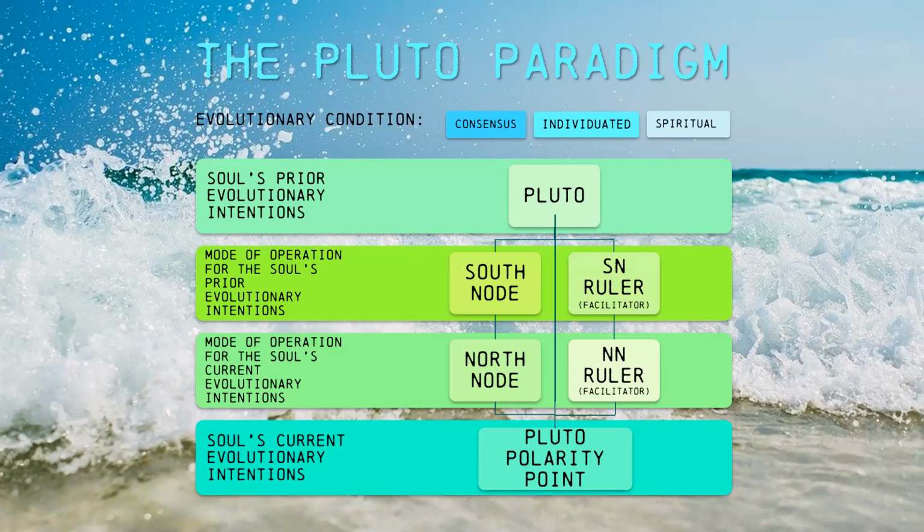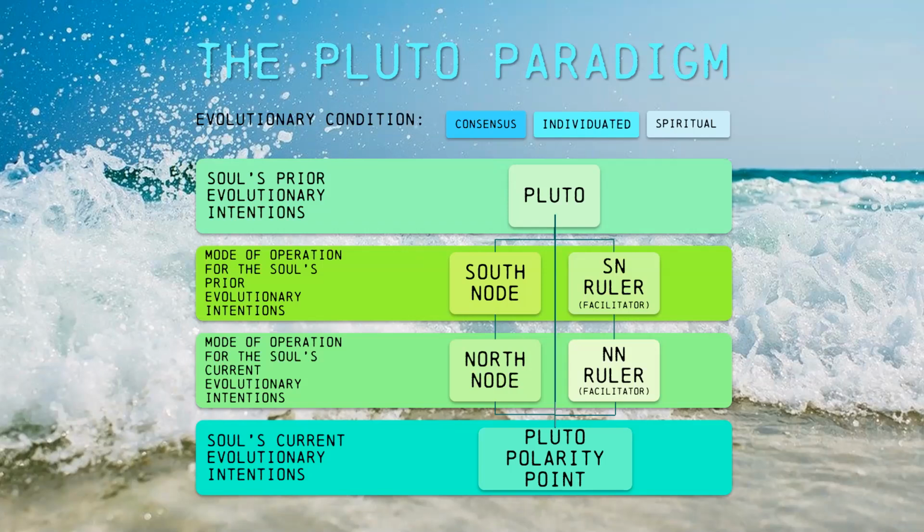And again, look to the sign. If the North Node then was in Taurus, you would look to Venus as the planetary ruler to see how that North Node is going to actualize itself. So we have to understand Pluto aspects in relation to the Pluto paradigm.